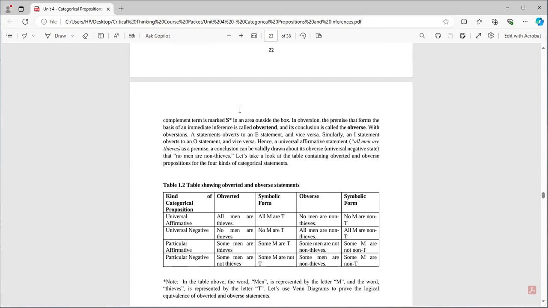Non-good cars means all cars that are not good are not Toyota cars. So when you do the transposition and you negate it, it's the same. So all Ghanaians are hospitable, so any non-hospitable person is not a Ghanaian. The same thing.